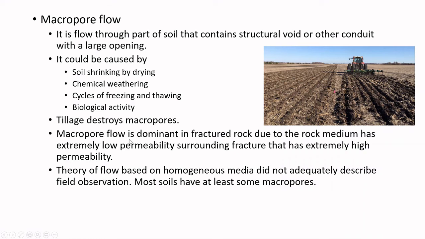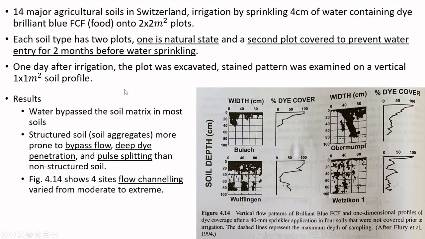The theory of flow based on homogeneous media, for example the Richards equation, did not adequately describe field observations, because most soils in the field have at least some macropores in them. Okay, so here is a study for preferential flow. This is a case study of 14 major agricultural soils in Switzerland.